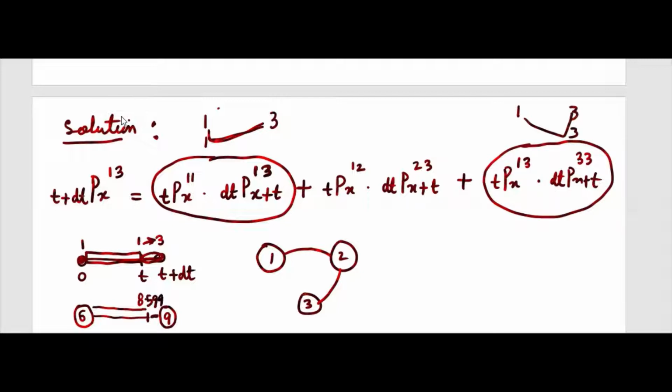1 to 3, and then 3 to 3, so this is 1 to 1, I will continue here up to time t, and this one here 0, t, t plus dt. 1 to 3 I have to go actually during this time, and I'm already there.